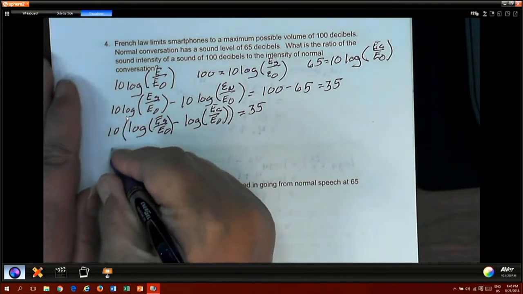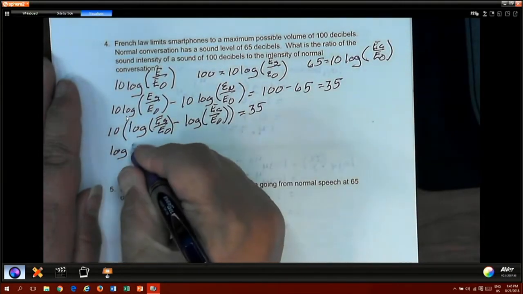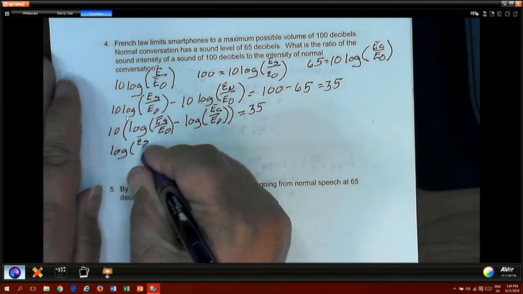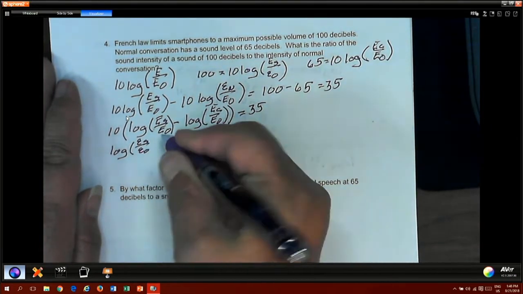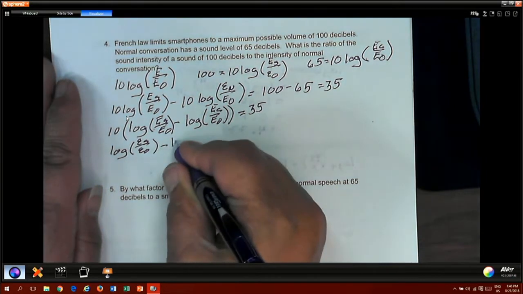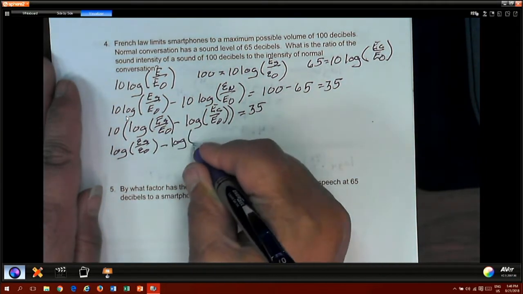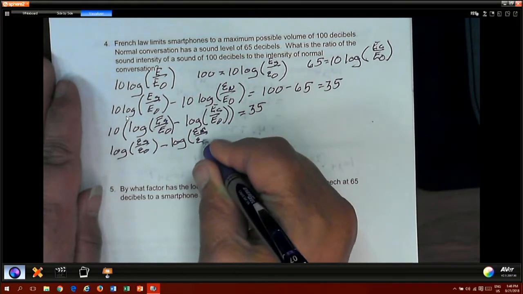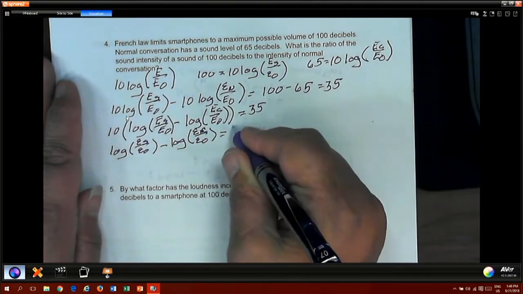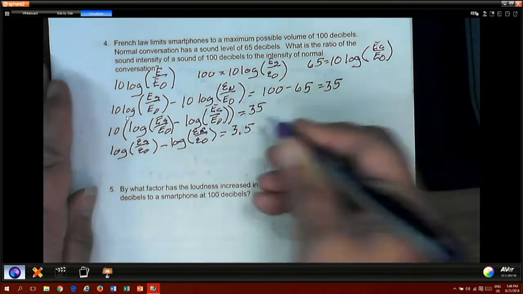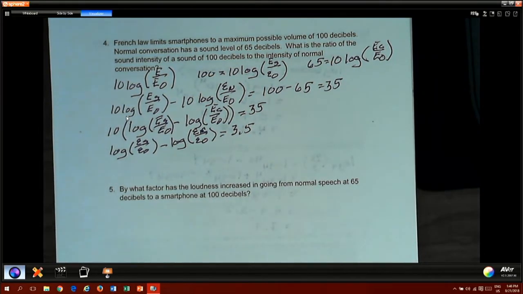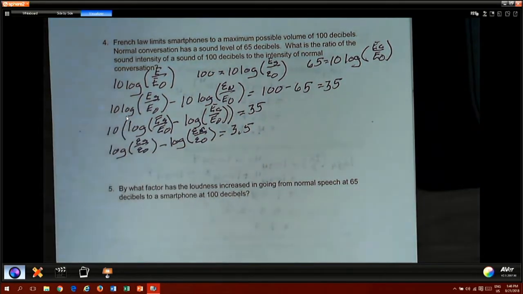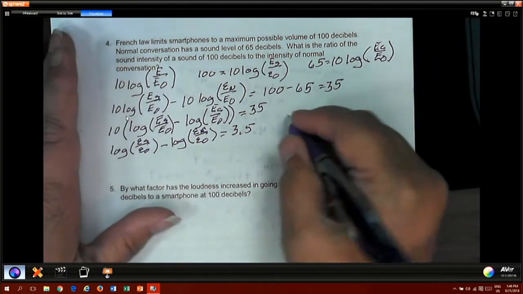we get that the log of E sub S over E sub 0 minus the log of E sub C over E sub 0 is 3.5. Well, again, using the property, we have a difference. This becomes a quotient.